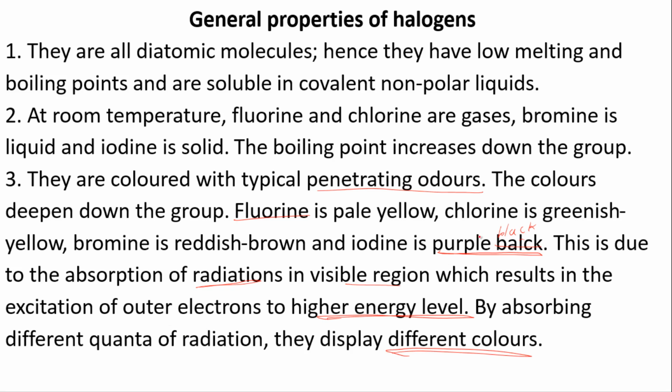When you're talking about radiation, we're talking about energy, from quanta in the visible region. By absorbing different quanta of radiation, they move electrons from lower to higher levels, giving them different colors. Please note this.